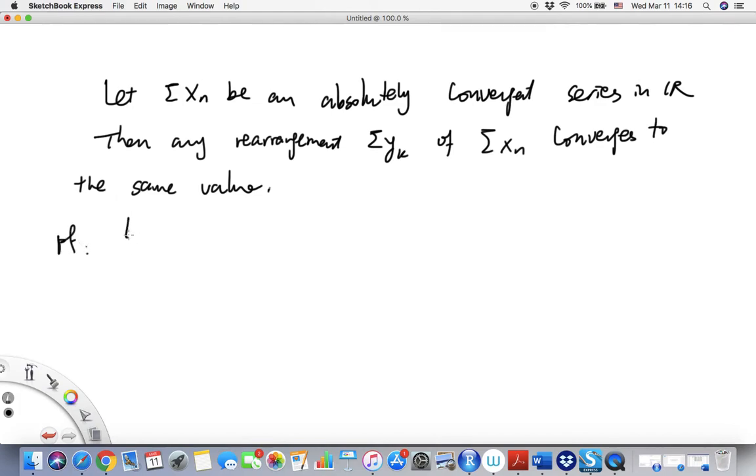Suppose the limit of the series is equal to x, and let Sn be the nth partial sum, so that's x1 sum all the way up to xn.